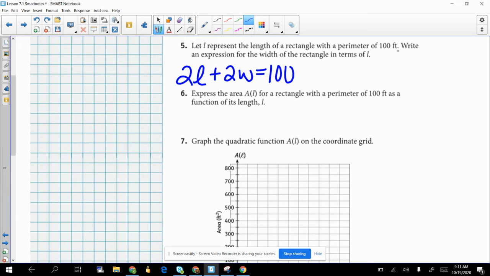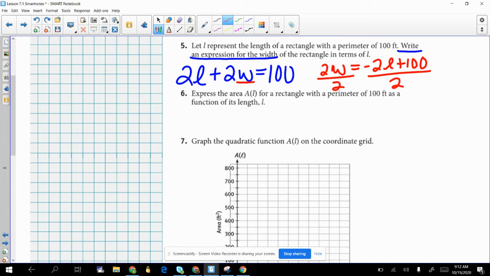Because it says write an expression for the width, basically what you want to do is solve this for the width. So I would subtract over the 2L. And then to get W by itself, I would divide everything by 2, because that's what we're solving for.